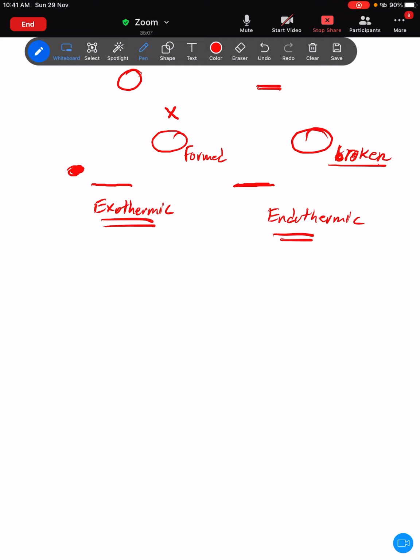I hope you remember, I have done the revision in a previous class. So, in this case, is the delta H of the product high or low compared to the reactant? High or low? Product. Exothermic.